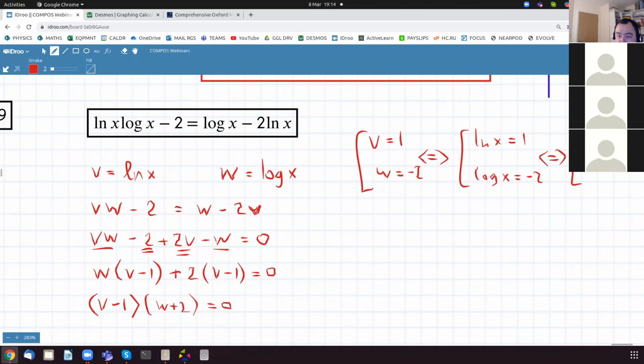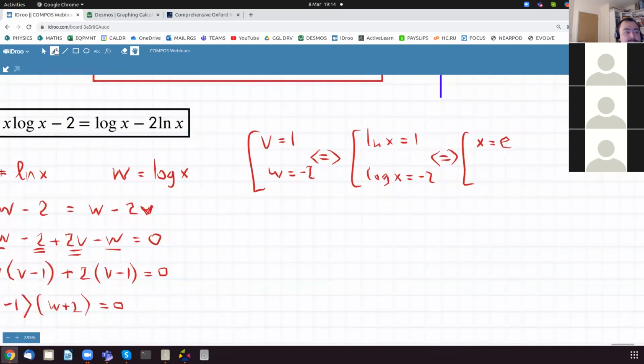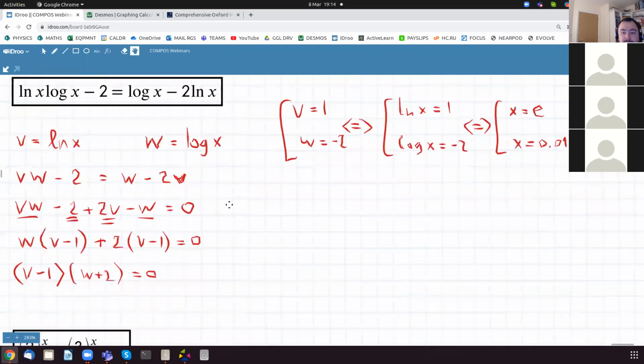So x is e, because ln e is 1, and x is 10 to the power minus 2, which is 0.01. Okay, that's the answer. Those are the two answers.